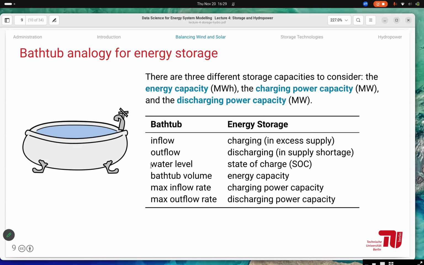And these are other parameters that we control by operating the energy storage. So it doesn't always have to be, for example, take a battery, it doesn't have to consume power at the charging power capacity. It can also be lower if we control it in this way.